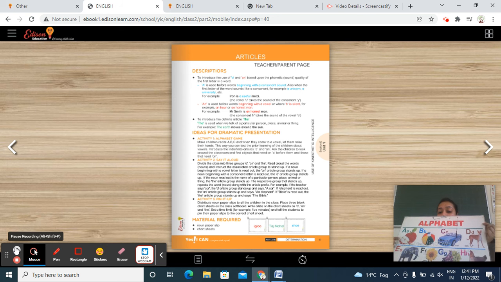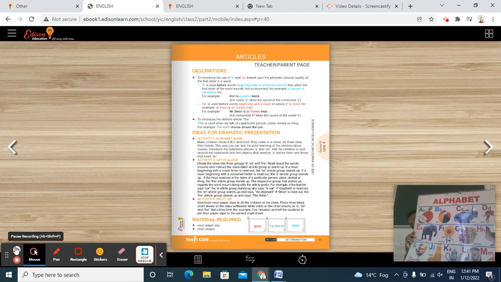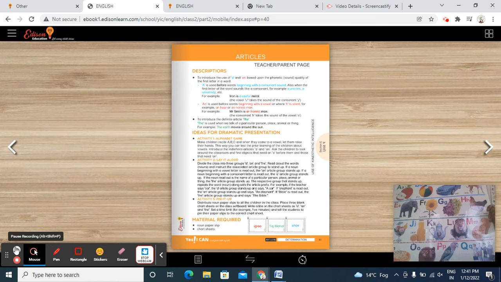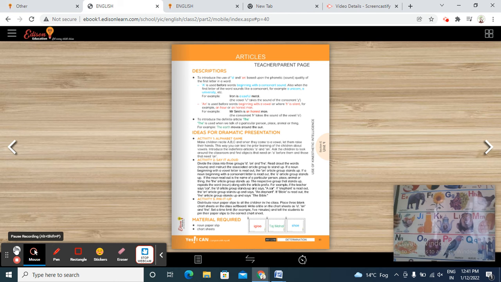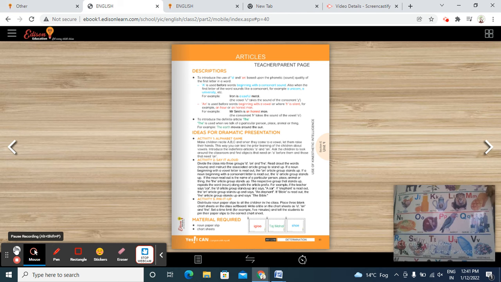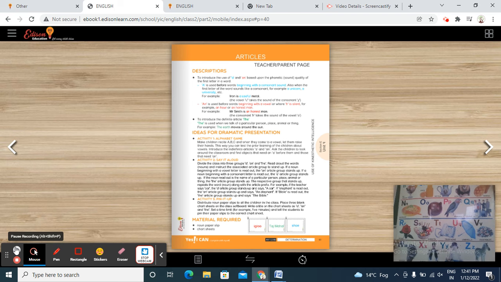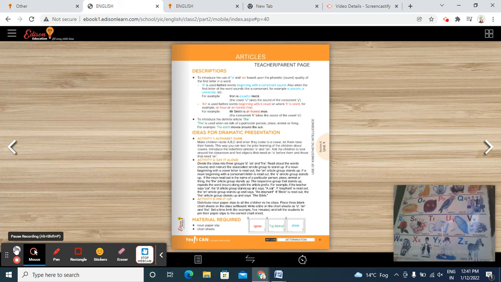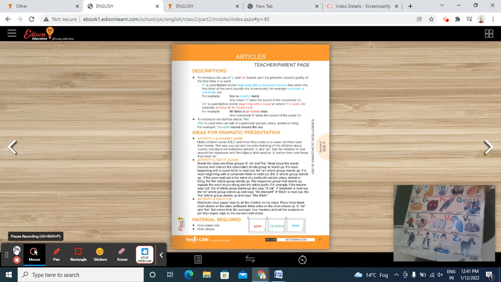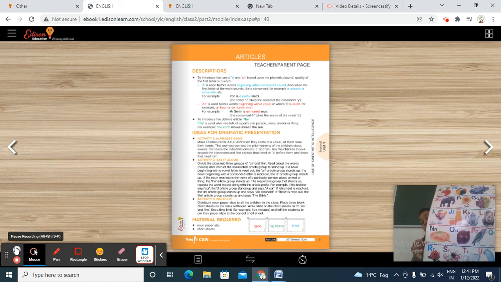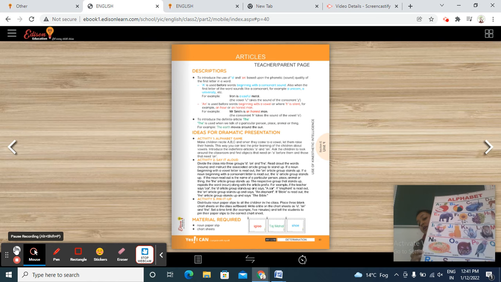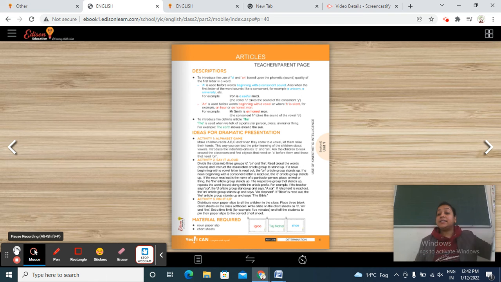A, B, C, D, E, F, G, H, I, J, K, L, M, N, O, P, Q, R, S, T, U, V, W, X, Y, Z. So all these are the letters of the English alphabet. How many letters do we have? We have 26 letters, and out of these 26 letters, we have 5 vowels and 5 vowel sounds.